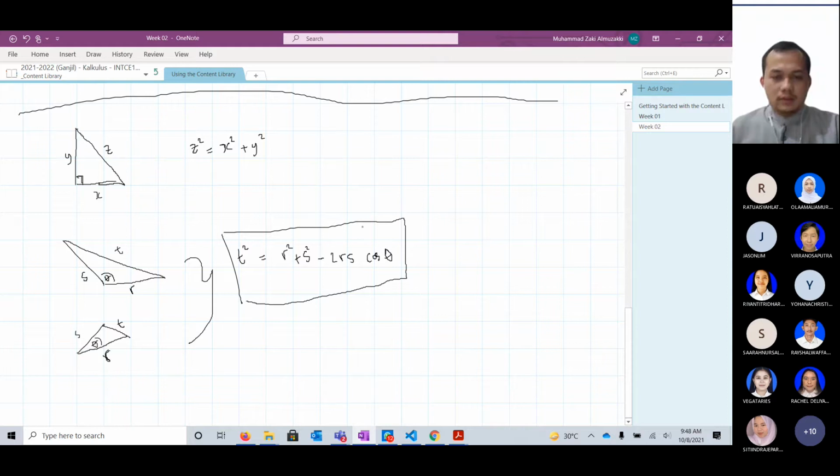Let's go back to that Pythagoras. So what happens if theta equals pi over 2, or as you know it, 90 degrees?